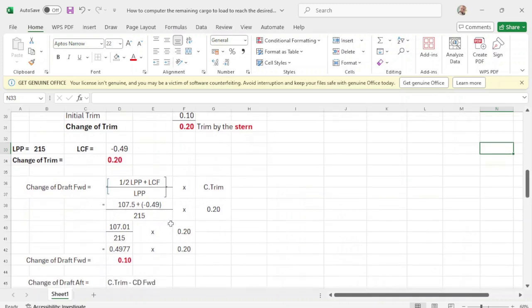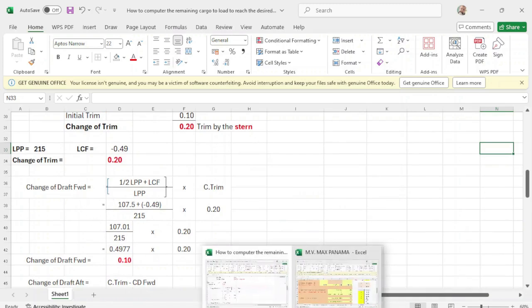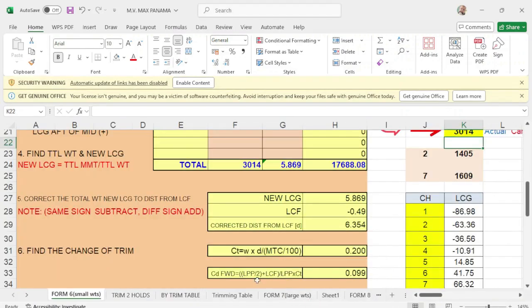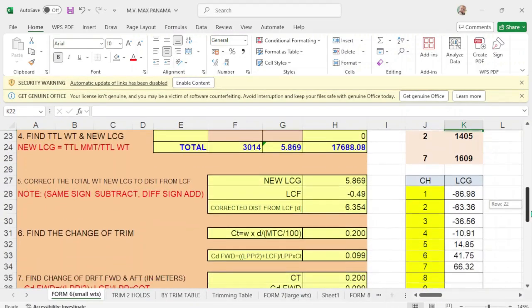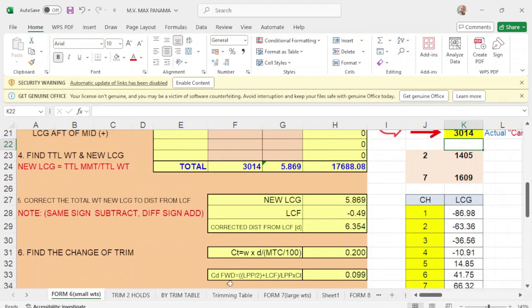If I use this formula, change of draft forward. Look at this change of draft forward here. Change of draft forward is this formula: LPP over 2 plus LCF over LPP times change of trim. This formula is this one, guys.